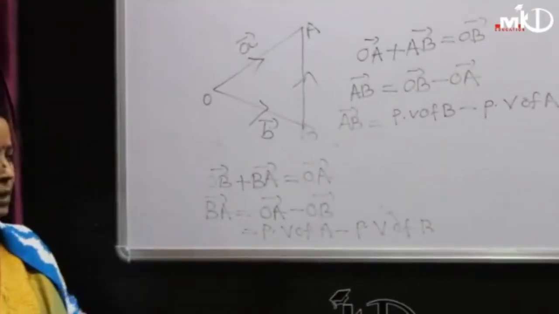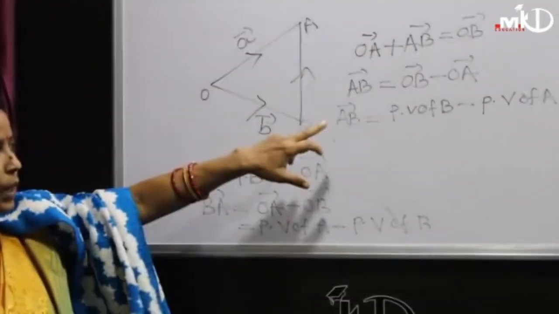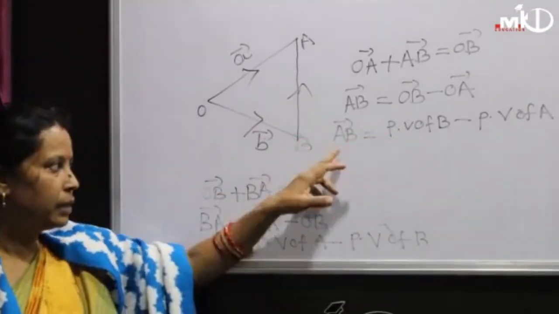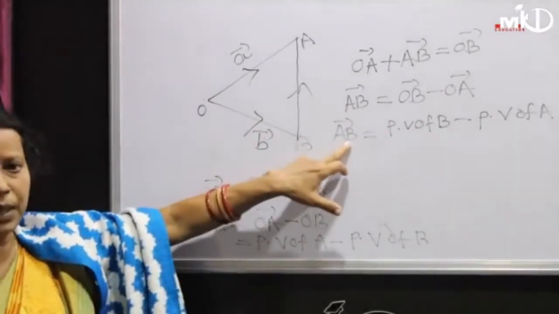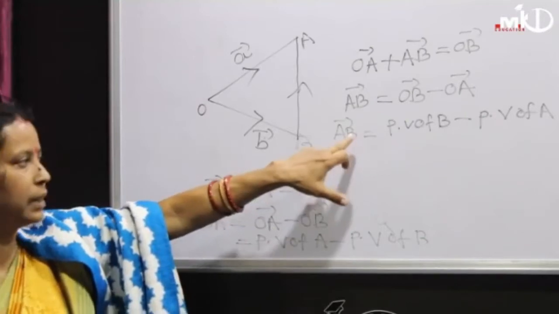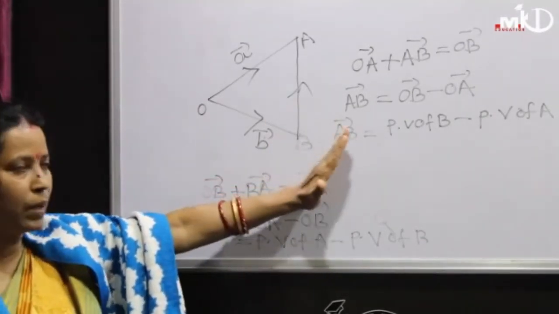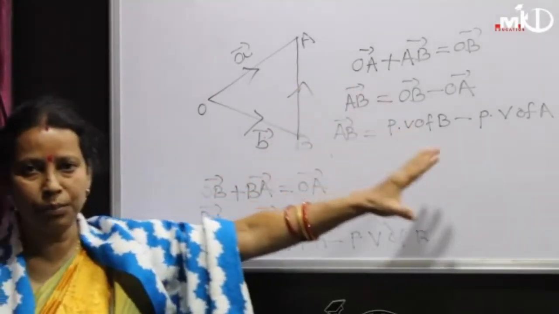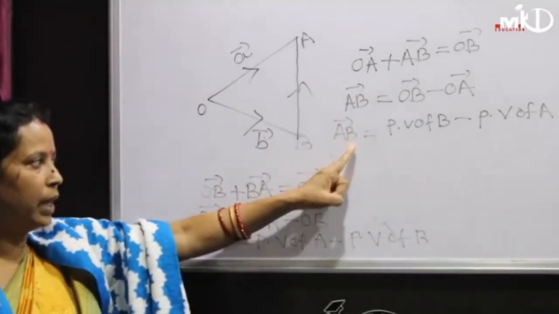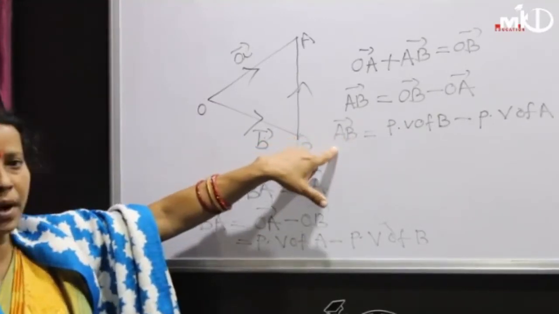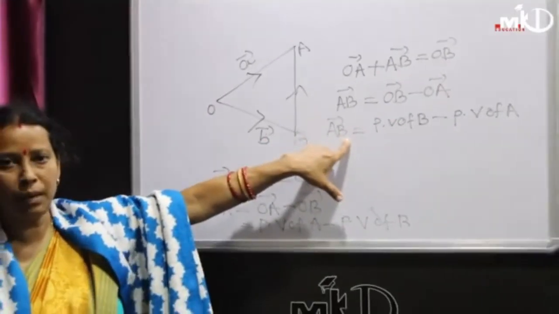So friends, whenever we express one vector in terms of the position vector, suppose here you find AB, what is the terminal point? That is B, and the initial point is A. So whenever we express a vector in terms of position vectors, we subtract the position vector of the initial point from that of the terminal point.